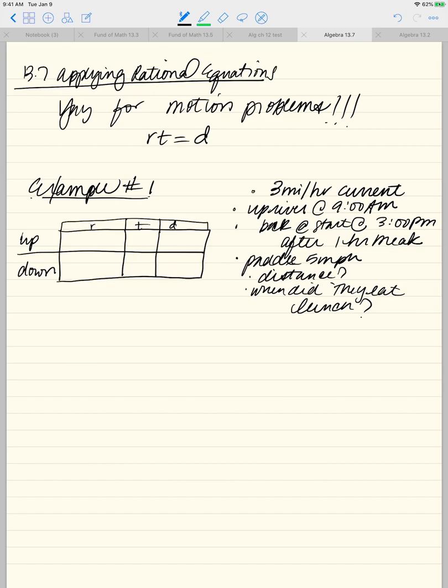Here's the problem. Troy and Philip decided to spend the day canoeing on a river with a 3-mile-an-hour current. So the river is traveling at 3 miles an hour. They began paddling upriver at 9 a.m. When you're paddling upriver, you're fighting the current, right? After stopping on an island for an hour to eat lunch, there's an island in the middle of this river, they paddled back down the river.